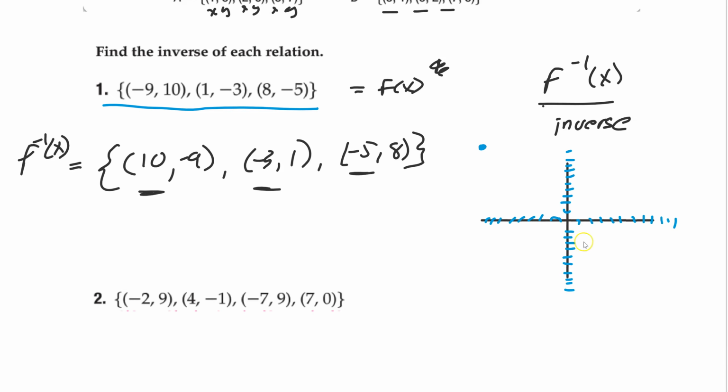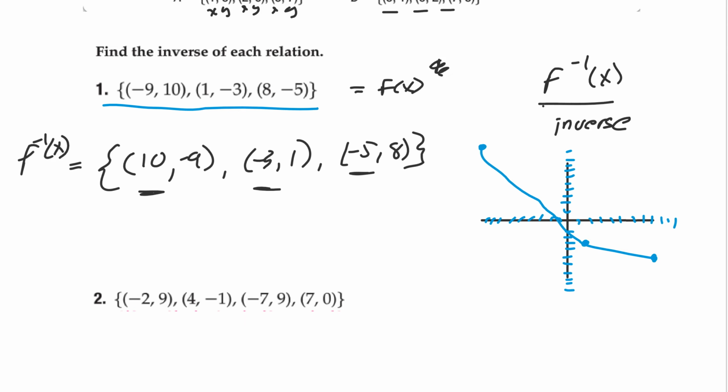And then 8 and negative 10. Around there. And negative 5. Around there. Now when you connect, you're supposed to connect them in that order. So it's something like this. And like that. Okay, so that's the original function.